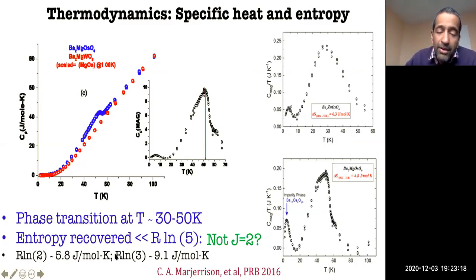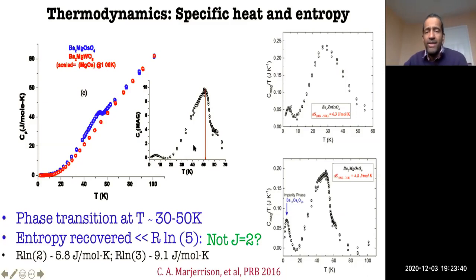To compare, log 3 already would have been like 9. It's quite close to log 2, the entropy change. So somehow this picture that you have a J equal to 2 with 5 states, which should have given you log 5, is incorrect for this system.